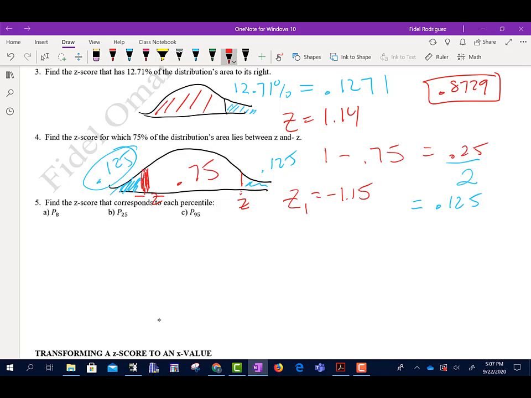Okay. And so, guys, if I was looking now, say, for this value, okay, well, think about all the area here. Wouldn't it be 0.75 and that one as well?